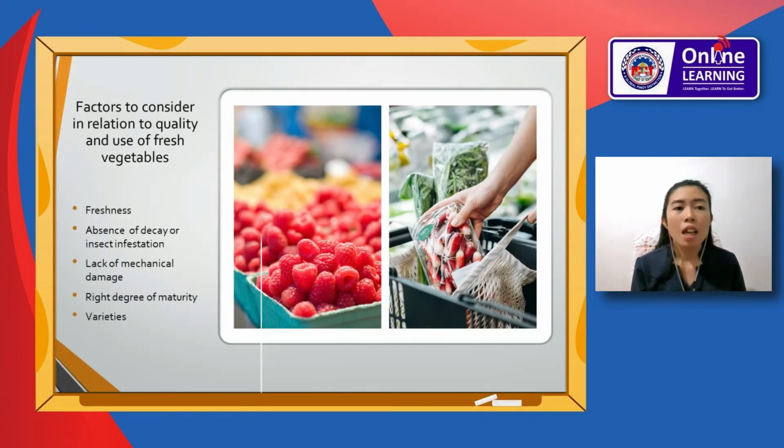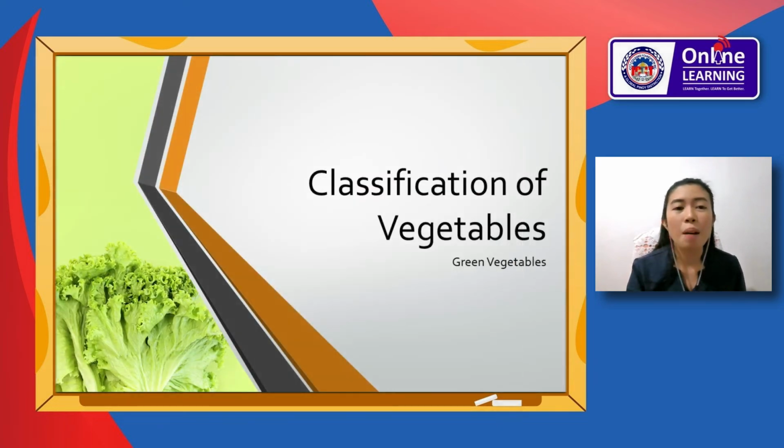Okay? And here are the factors to consider in relation to quality and use of fresh vegetables. First, we have freshness, absence of decay or insect infestation, lack of mechanical damage, right degree of maturity, and varieties. And of course, we have the classification of vegetables.